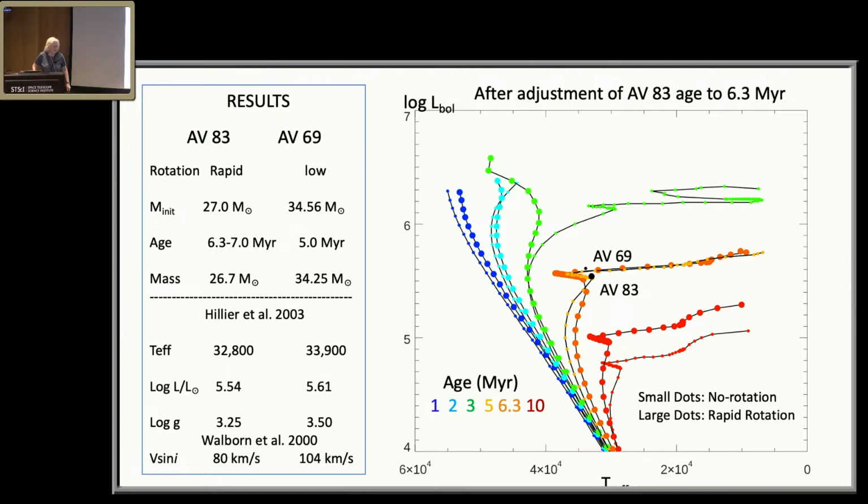And if you adopted 7 million years, then the isochrone for AV69 would bisect AV83.